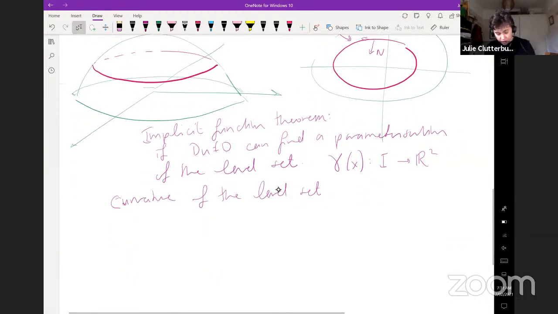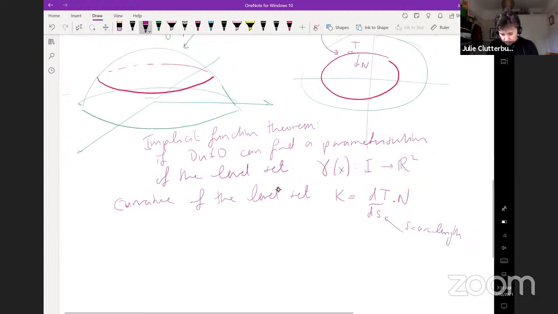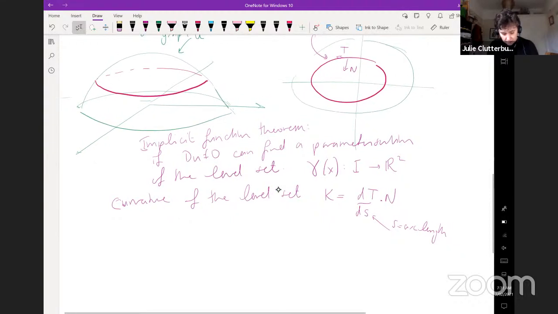Which usually for a parameterization we would calculate as the derivative of the unit tangent, but we don't need to have an arc length parameterization here. We could have it just in terms of whatever our parameterization up here is.